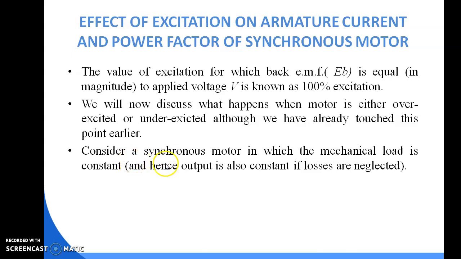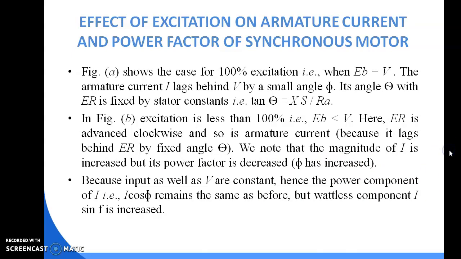Now, we have to consider a synchronous motor in which the mechanical load is constant, and hence it is clear that the output is also constant if the losses are neglected here.